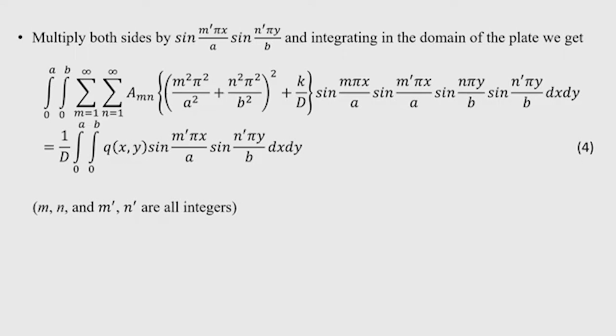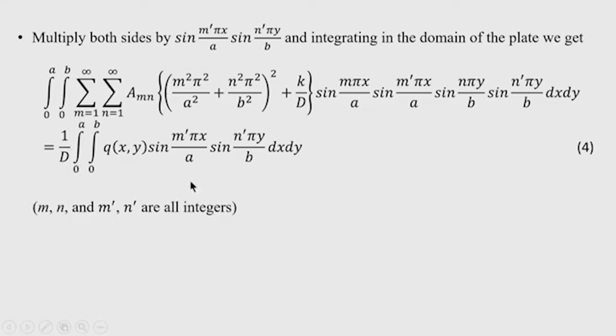So, all the terms which contain sin(mπx/a) into sin(mπx/a) will be the only ones retained here. For other terms, if m is not equal to m' or n is not equal to n', they will vanish, because by the orthogonality conditions that will be 0.